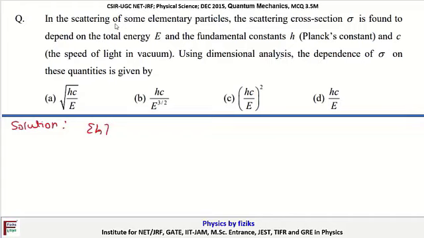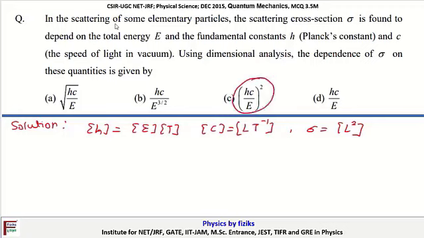h has dimension of energy E times T. c has dimension of L times T inverse, and sigma has dimension of L squared. Now select option C, which is (hc/E)^2.